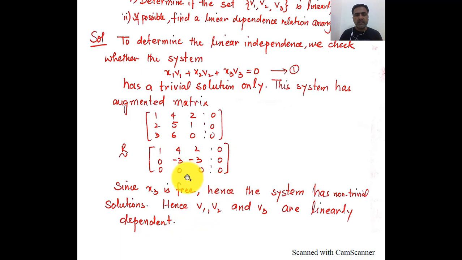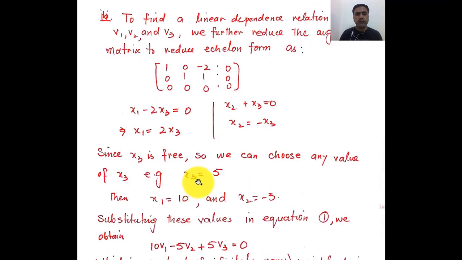Now to find a linear dependence relation, we proceed as follows. We further reduce the augmented matrix to a reduced echelon form matrix. So the reduced echelon form matrix can be obtained as this one, and here now we see that x1 minus 2x3 is 0, providing x1 equals 2x3, and here we have x2 plus x3 equals 0, so x2 is minus x3.